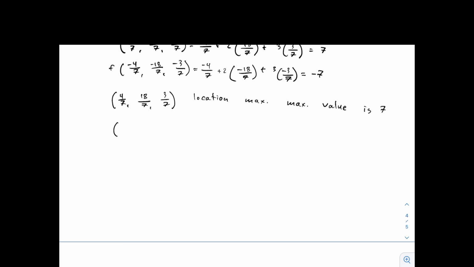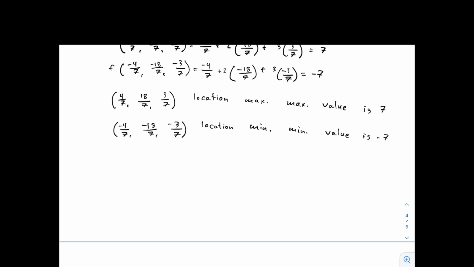Similarly, negative 4/7, negative 18 over 7, and negative 3 over 7 is the location of a minimum, and that the minimum value is negative 7.